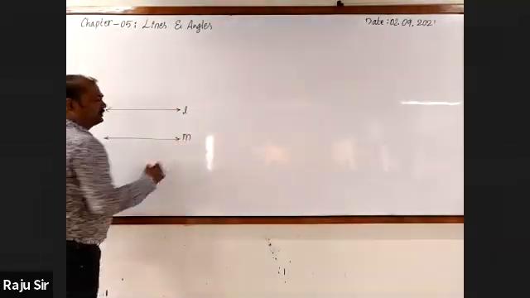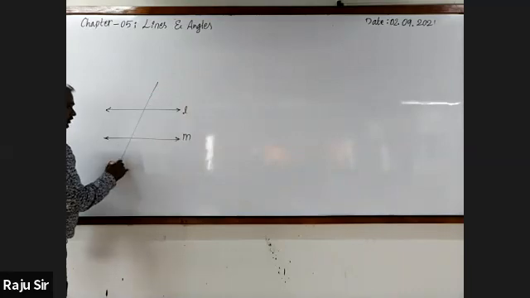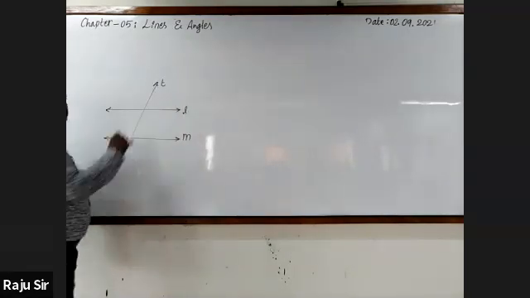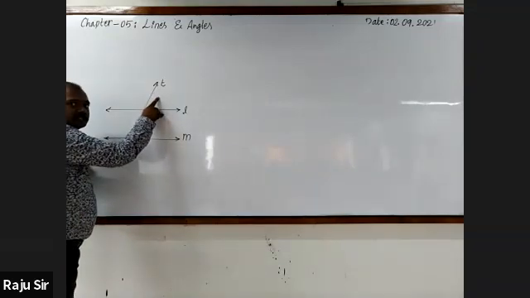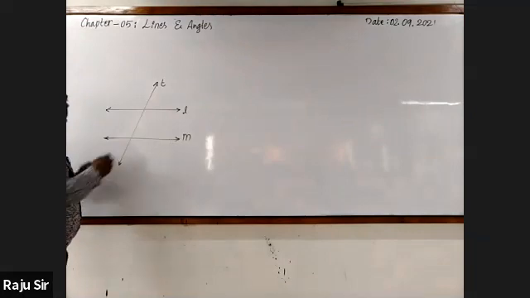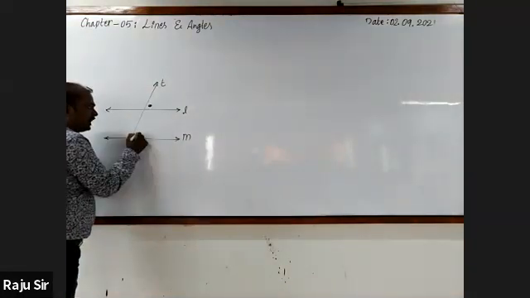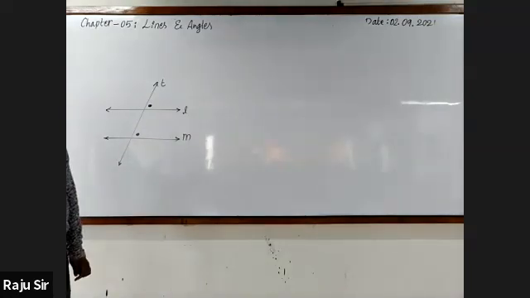I call them M and N. This is transversal T. If a transversal intersects two parallel lines, then corresponding angles will be equal. Understood?